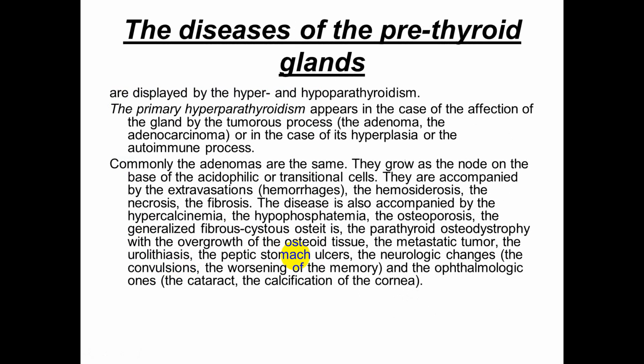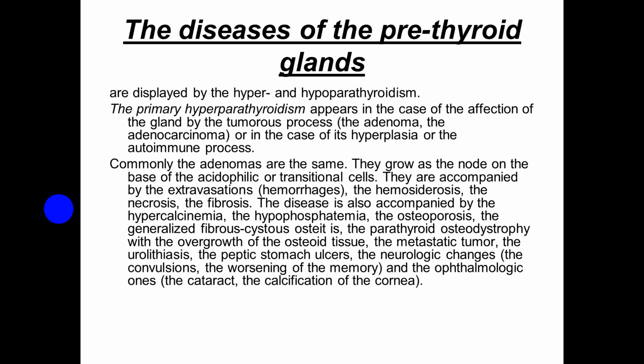The diseases of the parathyroid gland are displayed by hyper- and hypoparathyroidism. Primary hyperparathyroidism appears in the case of affection of the gland by a tumor process, an adenoma or adenocarcinoma, or in the case of its hyperplasia or an autoimmune process.